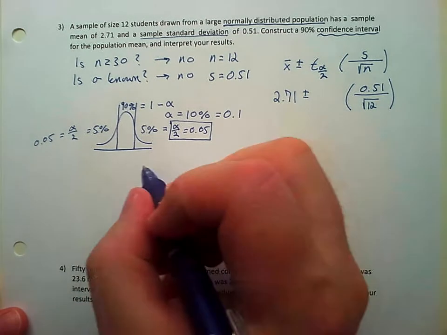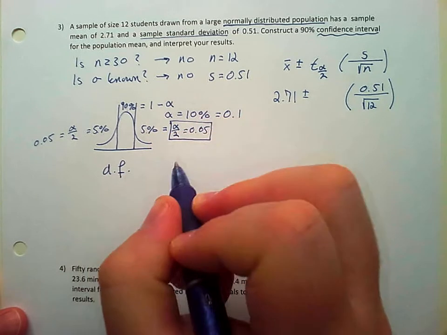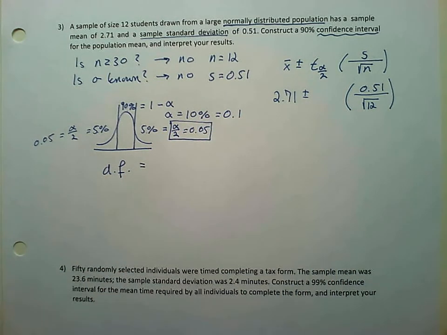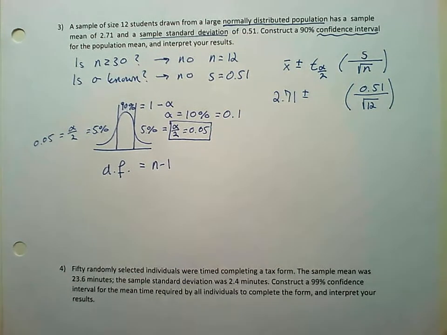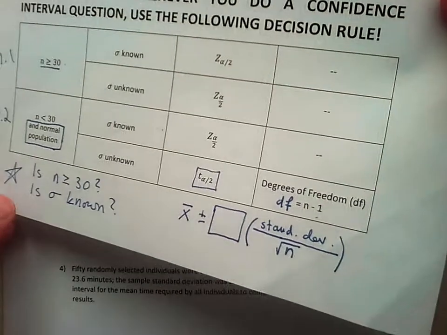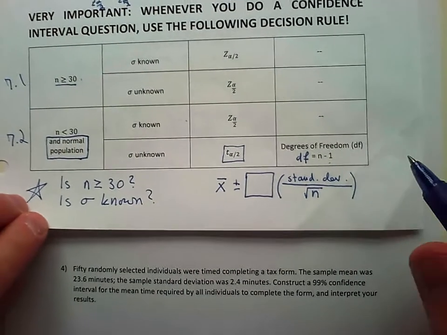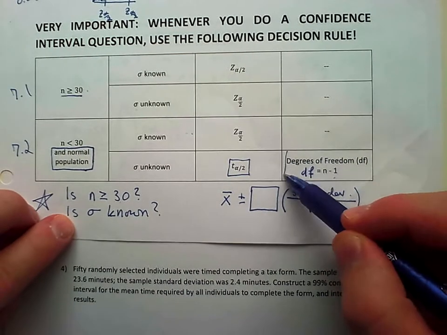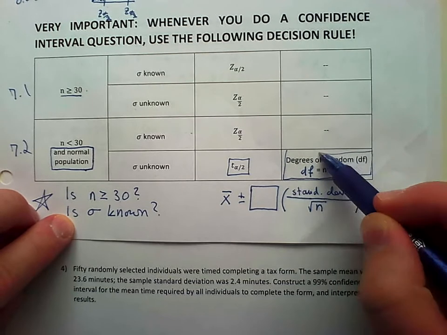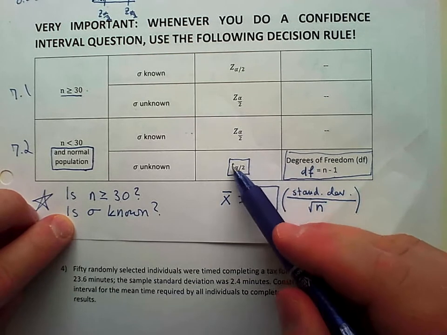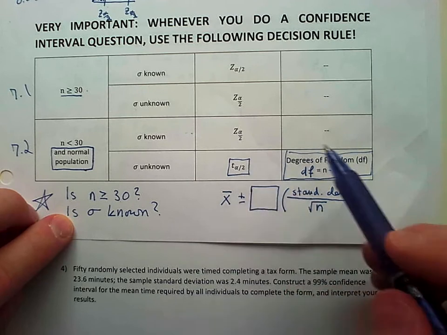The only thing that we still need to know is how many degrees of freedom we have. What was our formula so far for the degrees of freedom? We said that the formula for degrees of freedom was equal to little n minus 1. And remember that we talked about that earlier in this decision rule box. The only time that we're really concerned with degrees of freedom is whenever we're using our t values.